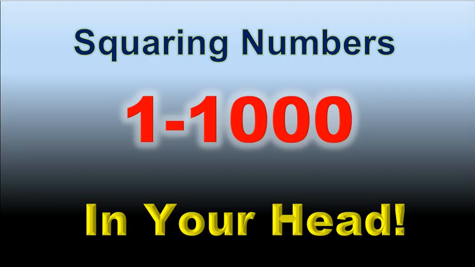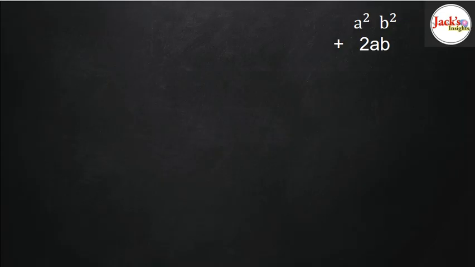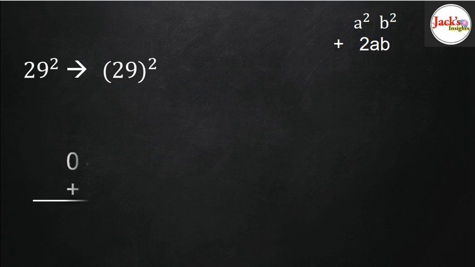Okay, so squaring numbers 1 to 1000 in your head. In my last video, we talked about the square of two-digit numbers and the method on how to get the squares of the two-digit numbers.